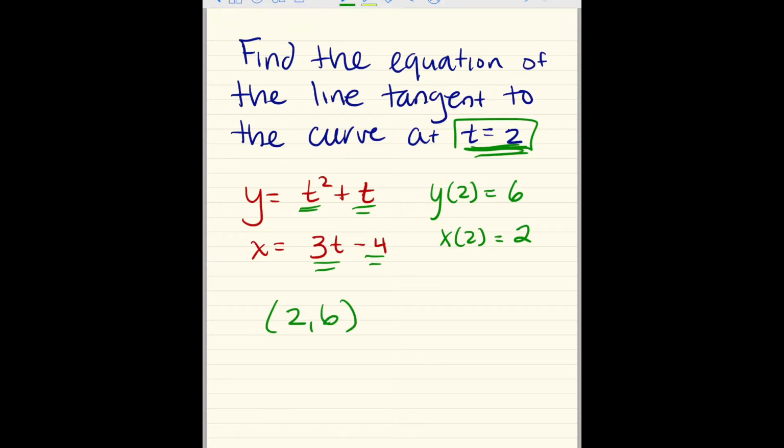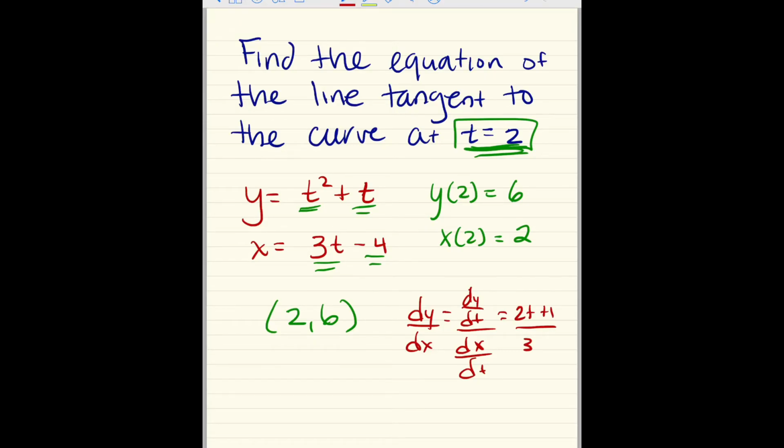Now, what is the derivative? Because we need the slope of the line tangent to the curve. So we just found it on the last page. So how do we do that? dy/dx is equal to dy/dt over dx/dt. And that's very simple. You just say the derivative of y is 2t plus 1 over the derivative of x, which is 3.